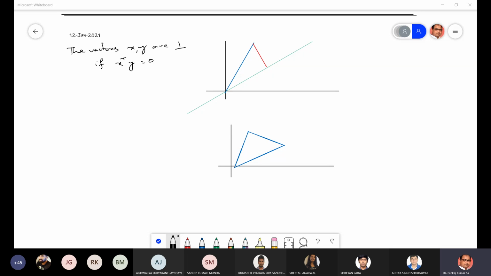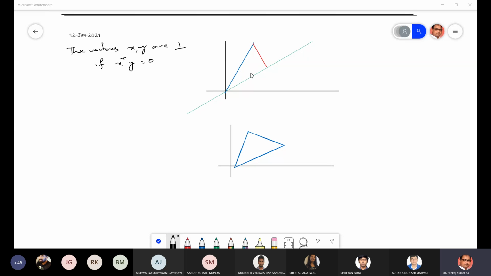But one thing for sure, not all vectors are orthogonal. So life doesn't stop with that, right? When you don't have orthogonal vectors, your life doesn't stop. You need to carry on. This is the precursor to the next class.